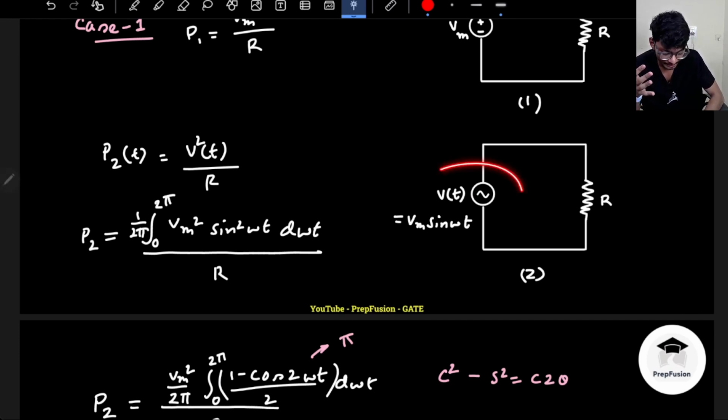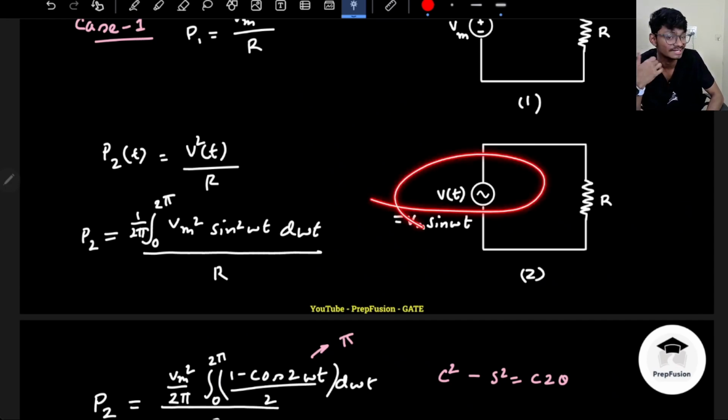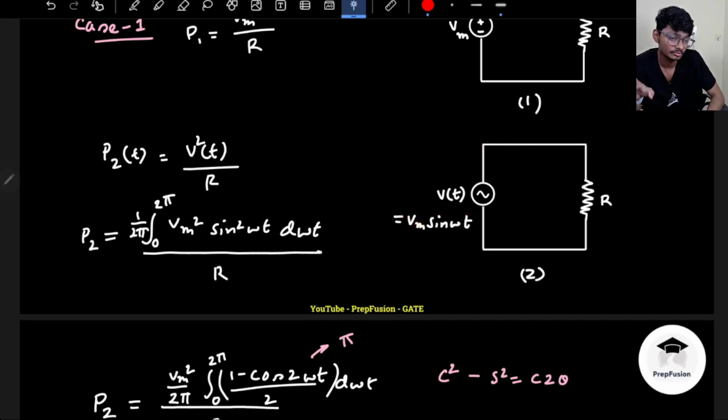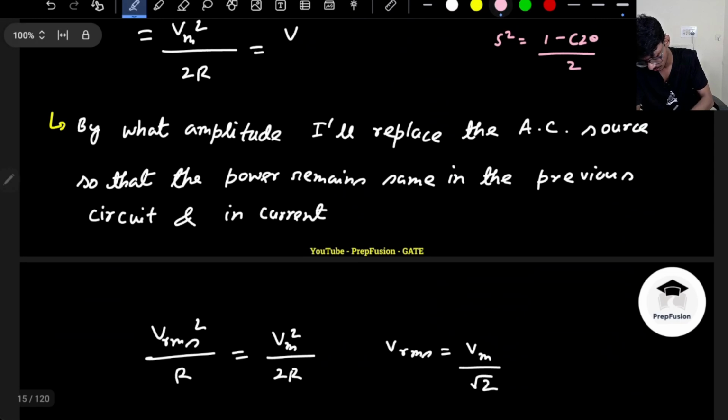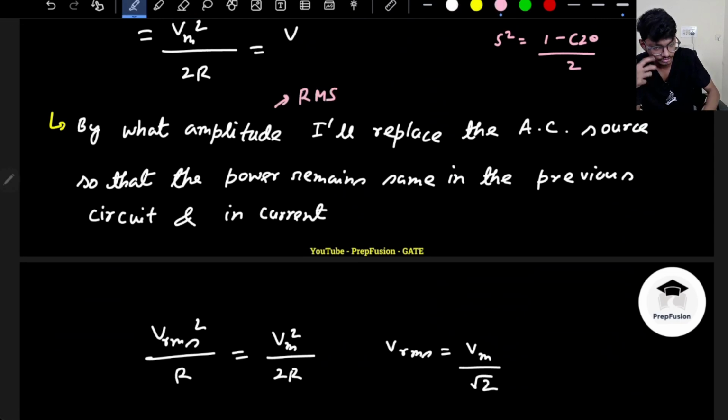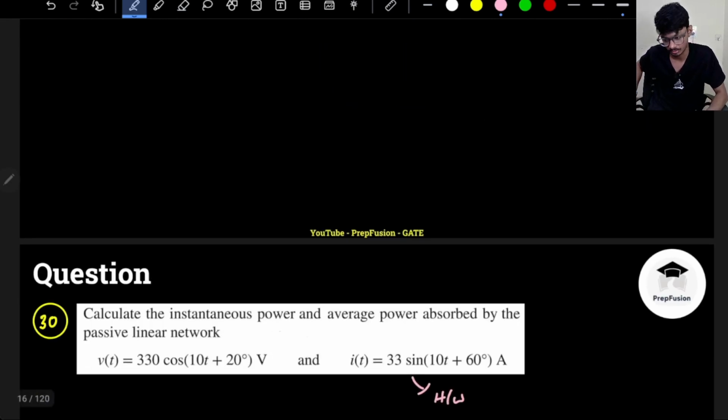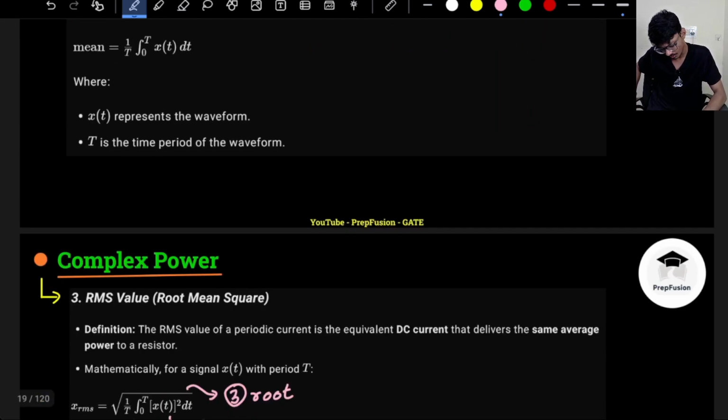If I replace this AC source with a DC source whose amplitude is the RMS of this AC source, then that also will deliver the same power. So that is another definition of RMS value. Although this is not the formal definition, we sometimes also compare RMS in terms of power.